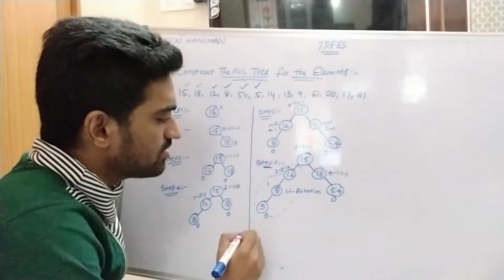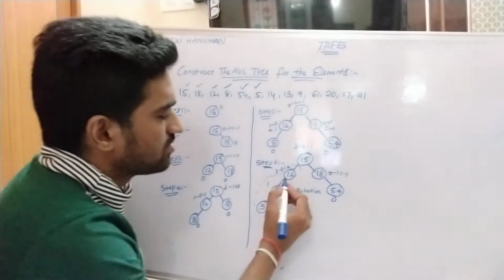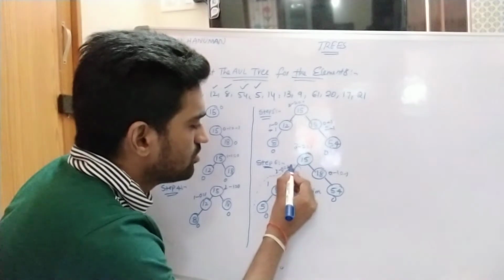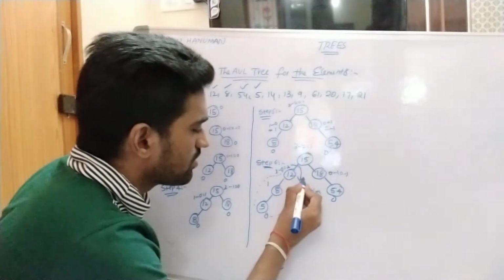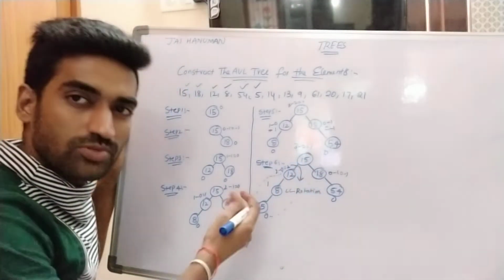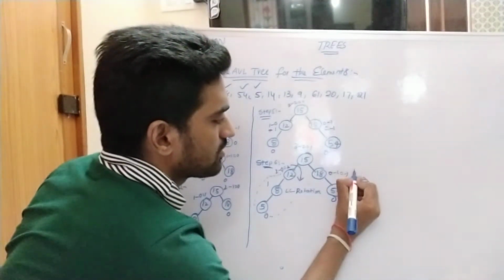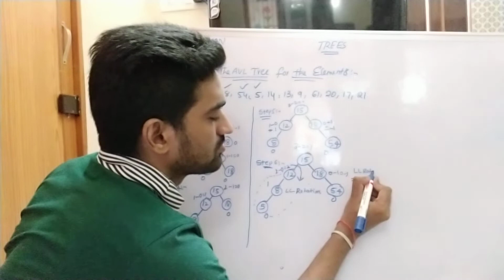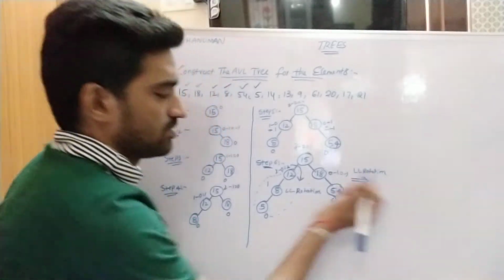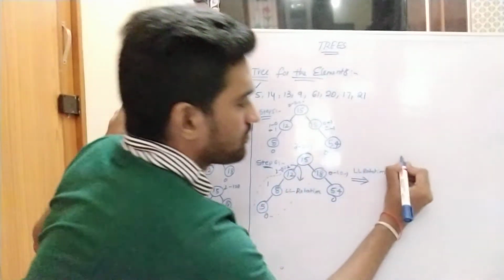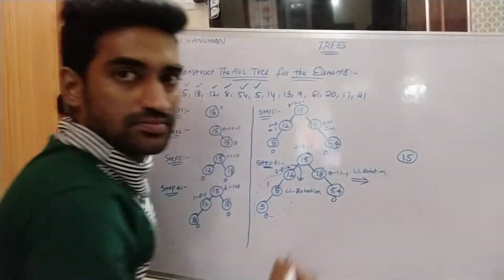In LL rotation, simply move the node towards the right direction. Now the tree becomes 15.